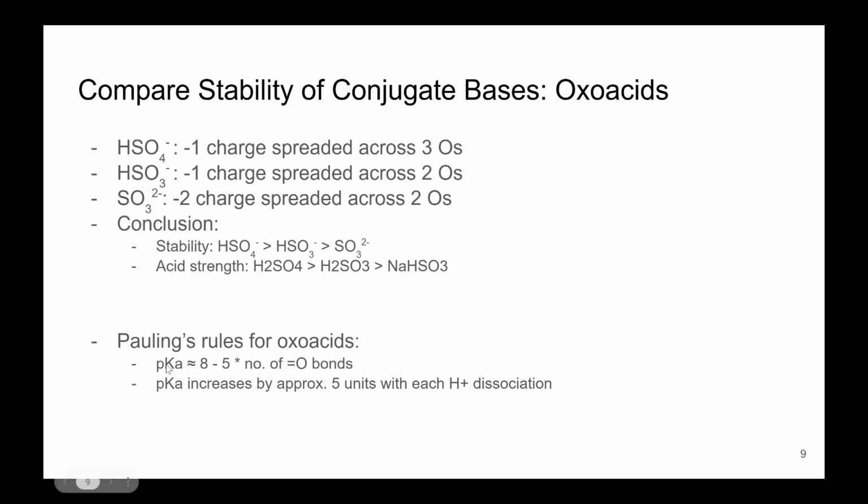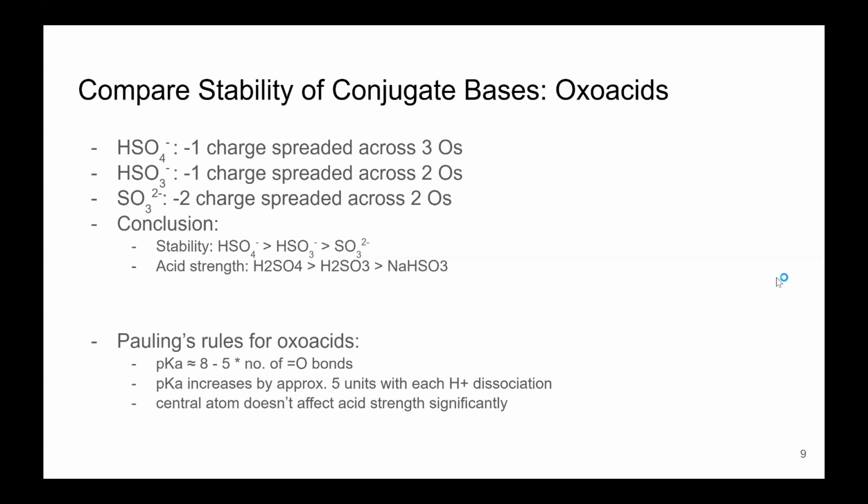Because of this rule, we know that the pKa increases by approximately 5 units with each subsequent dissociation. So if your pKa for H2SO4 is -2, then the pKa of HSO4 minus is approximately -2 plus 5, and that's 3. And when you deprotonate it even more, its pKa increases even more.